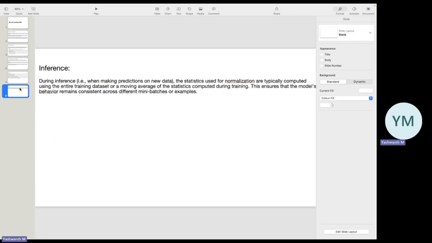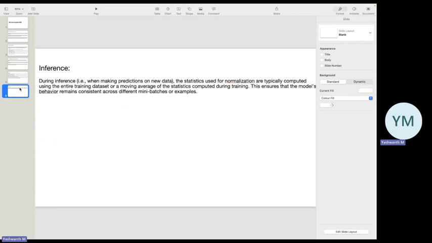Finally, batch norm is a kind of layer that operates differently when training the model and differently when we are using the model for inference. So typically the key component that is different during training and during the inference is the computation of running mean and variance.